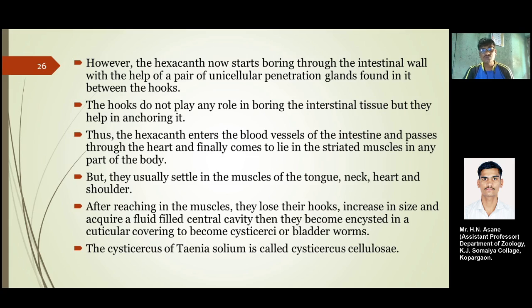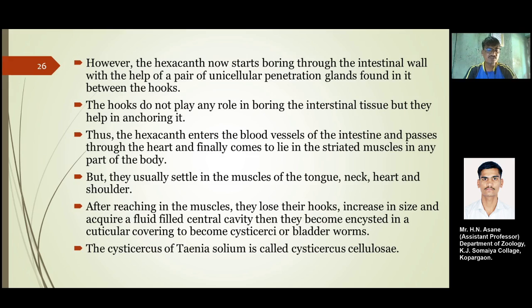So this particular hexacanth enters the blood vessels and migrates to the muscles to get fixed in position, settling in the muscles of the tongue, neck, heart and shoulder of the pig.